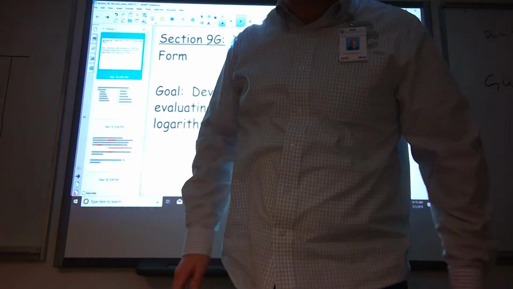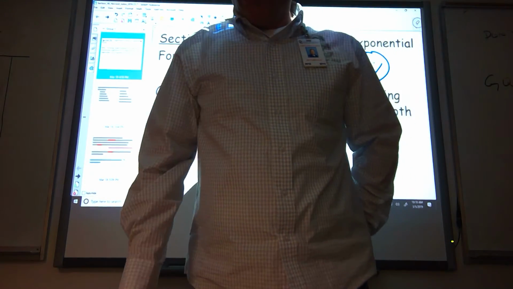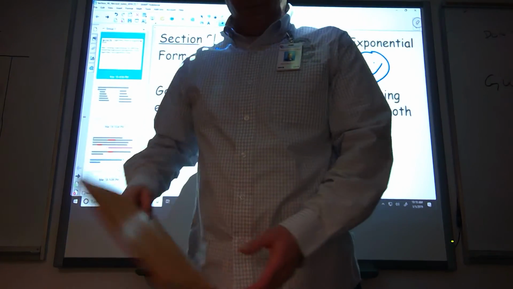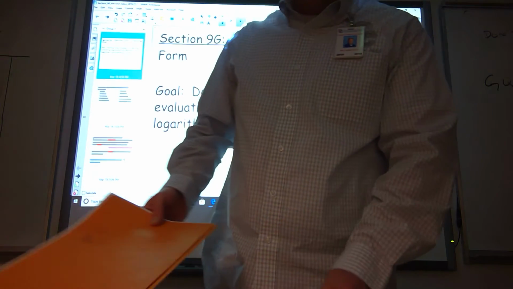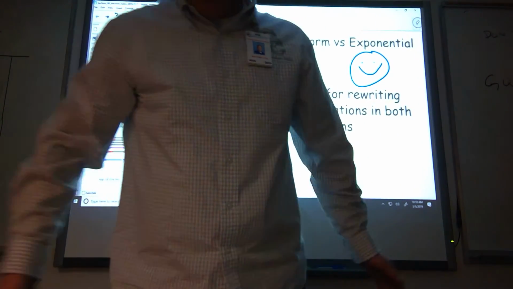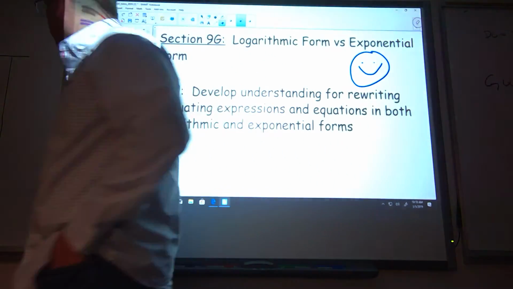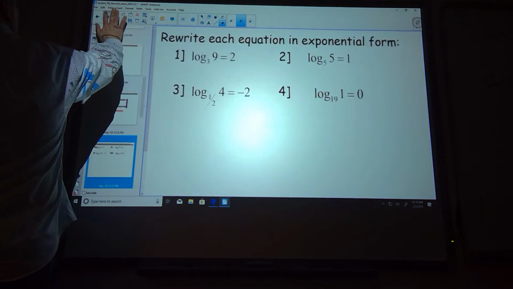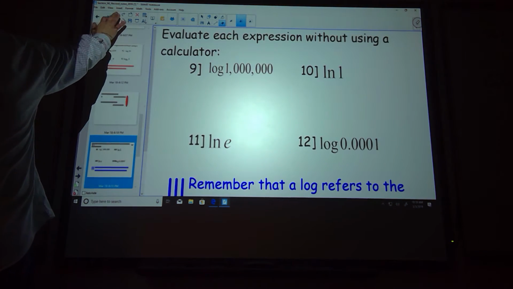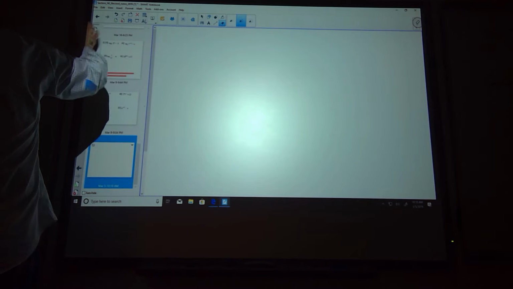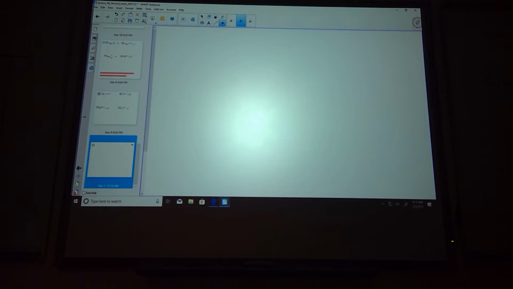All right. So 9F was what at some point I had assigned, right? Okay, so that's what I would need to collect next. Let's take a look at 9F. It was so last month, Friday, Thursday, somewhere in there.